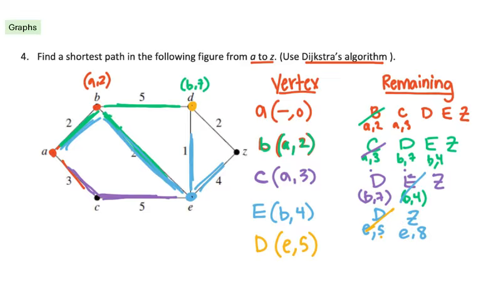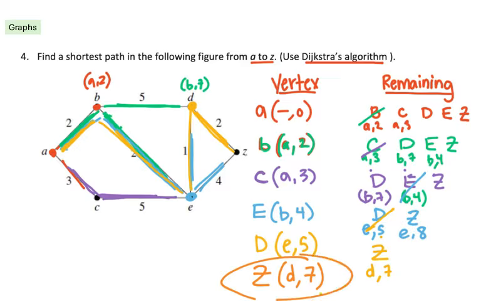Now we knew we could get to Z in 8, but now if we go here, so coming from this direction, A to B, 4, 5, if we add 2 more, that's 7. So that would mean it's better to come from D, and we can get there in 7. So that's how we should get to Z, coming from D, and we got there in 7 moves.